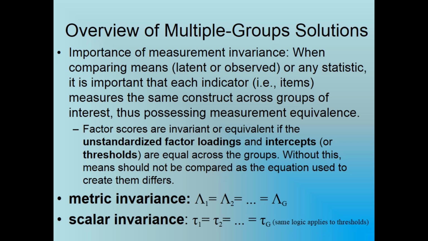For example, if you have 5 items creating management satisfaction, you really have 5 factor loadings. Invariance assumes, or tests, whether those 5 factor loadings are equal across males and females. Because if they differ across males and females, that means your scores are being created differently for males than for females.